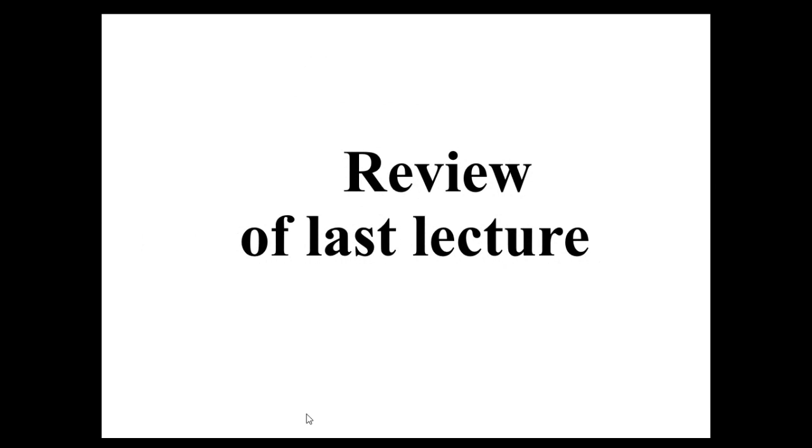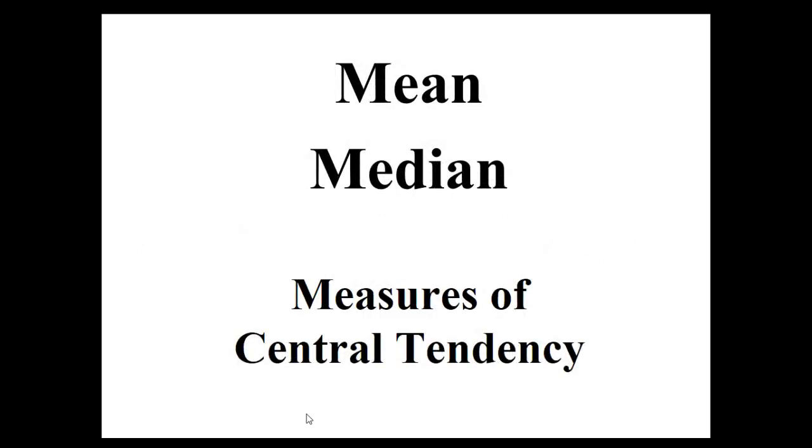First, we discussed the mean and the median. The mean is also called the average, and the median is the score at the 50th percentile. The mean and the median are both called measures of central tendency because they both give us an idea where the center or middle of a distribution is.